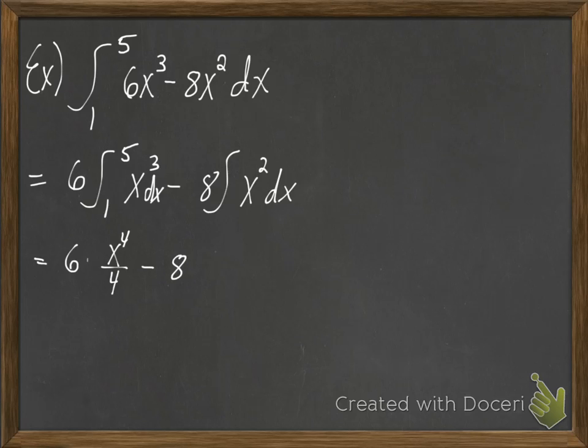Here we're doing the integral of x squared. So we'd add 1 to the exponent, and then divide by it. And now it's a definite integral, so we're going to then evaluate it at our two endpoints, at 1 and at 5.